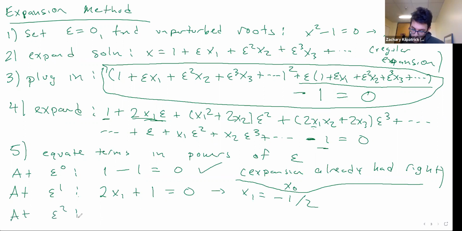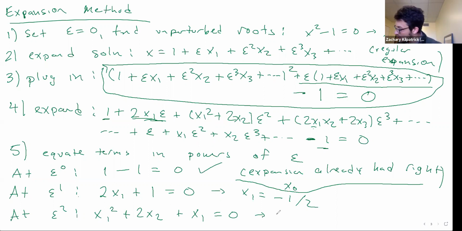Let's go to order epsilon squared. What happens there? Well, in that case, we get x1 squared plus 2x2, plus, where's my other epsilon squared term here, x1 equals 0. Now, I know what x1 is. That's minus 1/2, so I can plug that in.